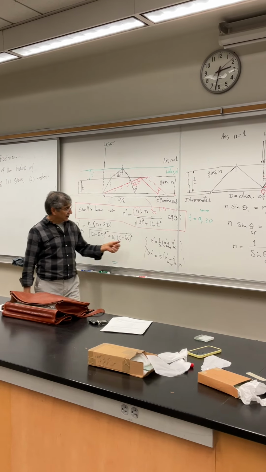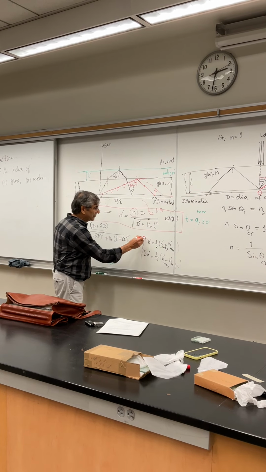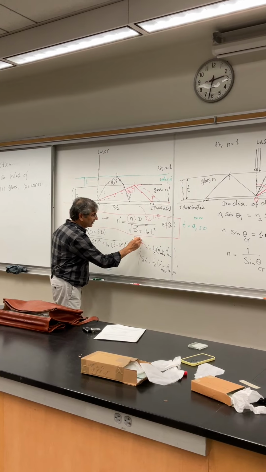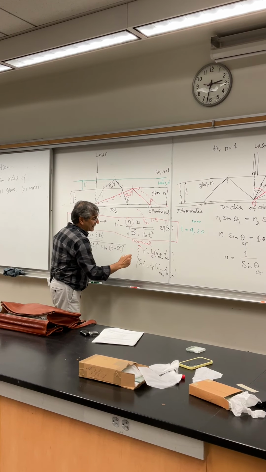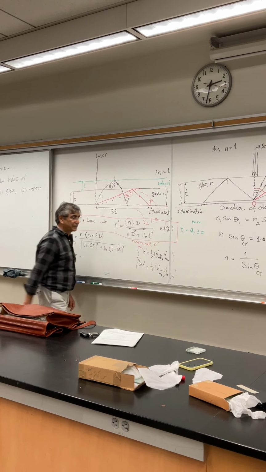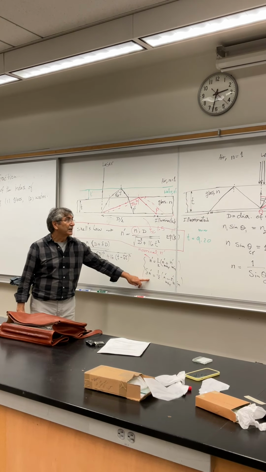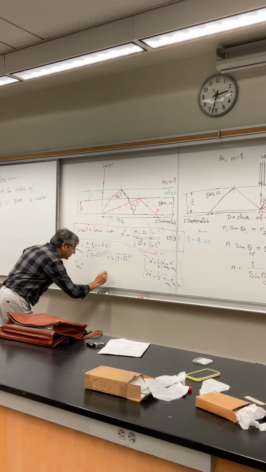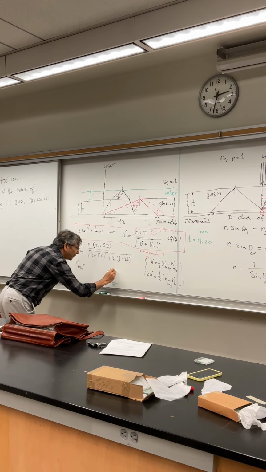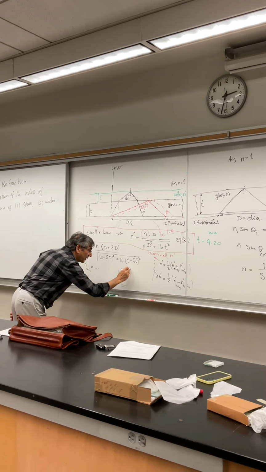Once you found this, you find the nominal value or the average nominal value for the index of refraction of water, and then this would be the uncertainty of that number. So again, your n prime of water is going to be n prime, that's the nominal value, plus or minus delta n prime.